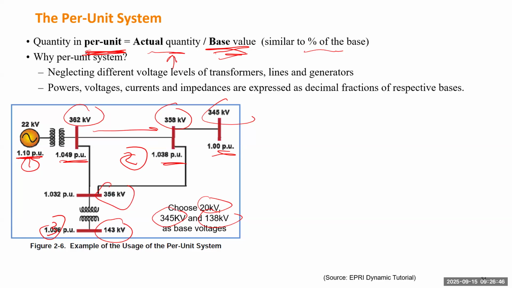Then to this bus, that's basically the same voltage as nominal value. Also going in this direction, you see how much voltage you have. And so for this case, you see this voltage is higher than the nominal value by 3.6%, and this is 3.2%.